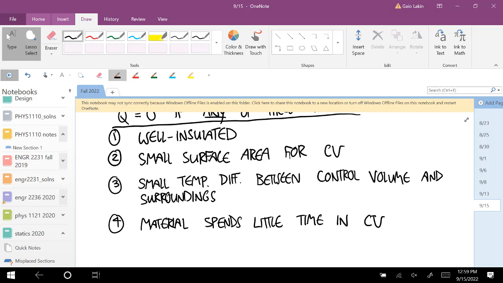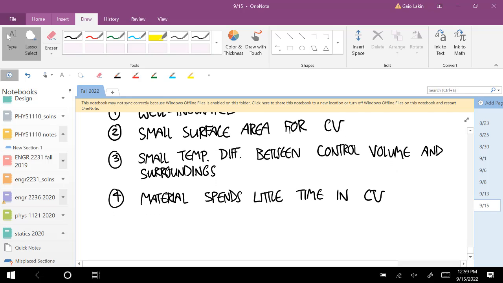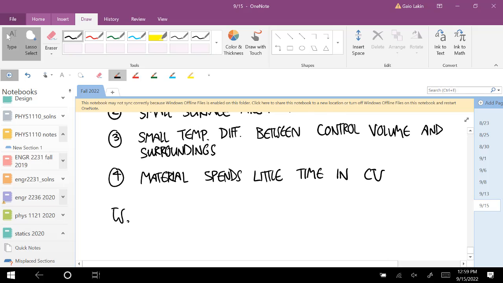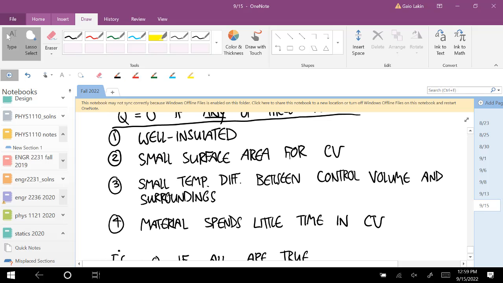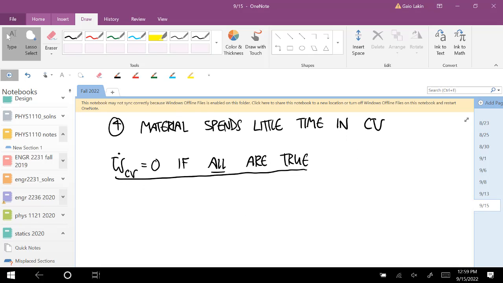Next, the work done by the control volume is equal to 0 if all of these things are true. For the heat, notice we only needed one of the things in the list to be true. All of these things have to be true, 3 of them, for W dot to be 0. First, no displacement of the control volume boundaries. So that eliminates things like a piston.